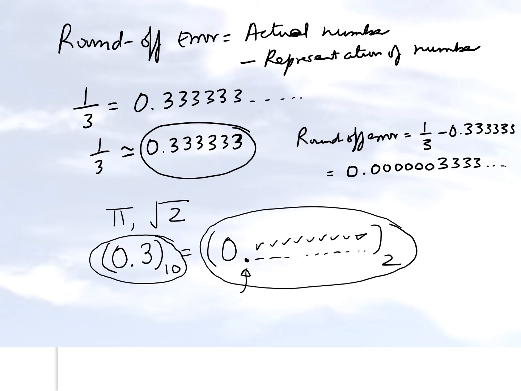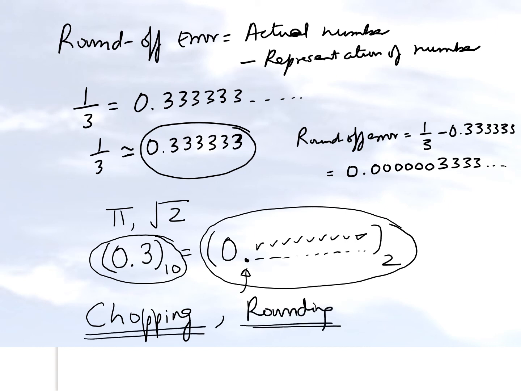Also, for round-off error, you have to think about two things: are you chopping a number, or are you rounding the number? That's something you will see in later lessons as well. Chopping is where, for example, you have a number like 0.3378 and somebody says go ahead and write it up to 3 significant digits, you will write it as 0.333.